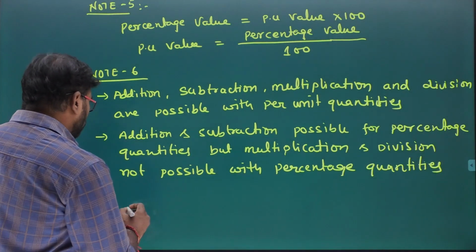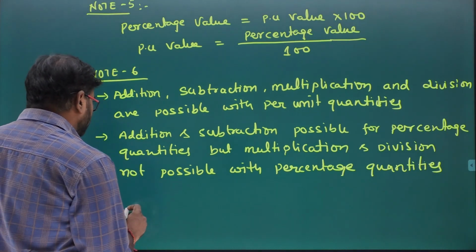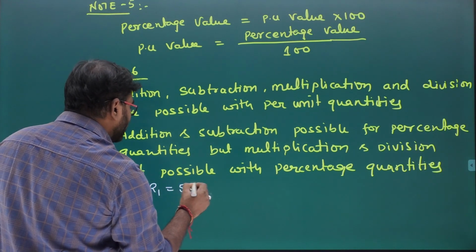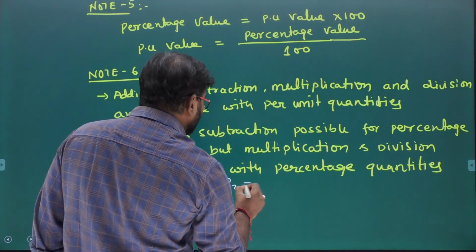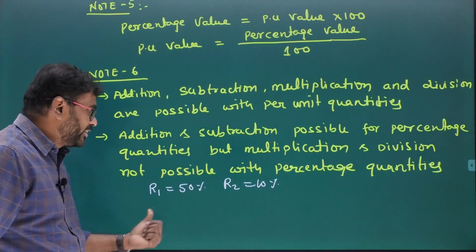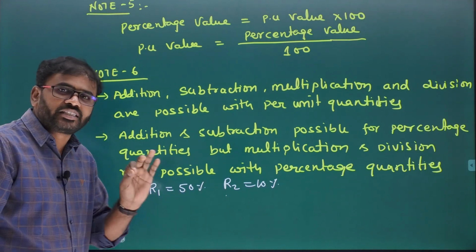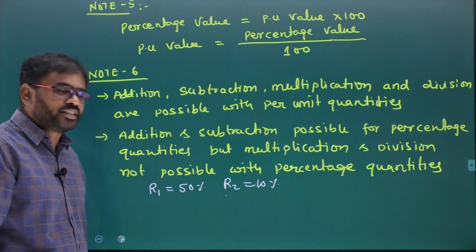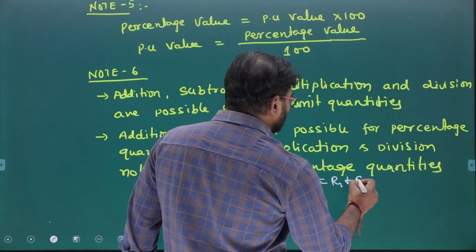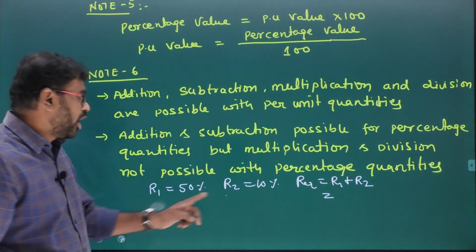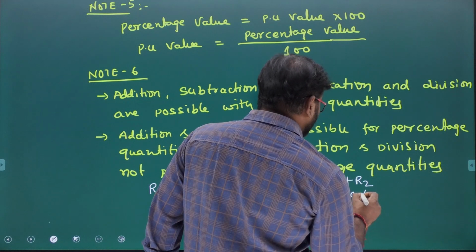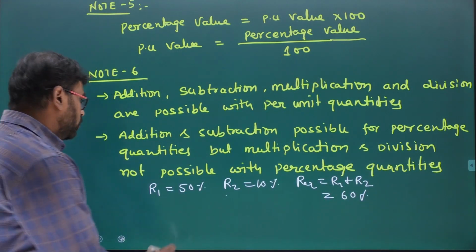Let's say R1 is 50%, R2 is 10%. Now tell me, if R1 and R2, these resistances, are connected in series, then what is R equivalent? R equivalent is R1 plus R2. So if I directly do this operation on percentage numbers, what do I get now? 50 plus 10, 60 percent. Let's do it with per unit numbers. What is R1 per unit?